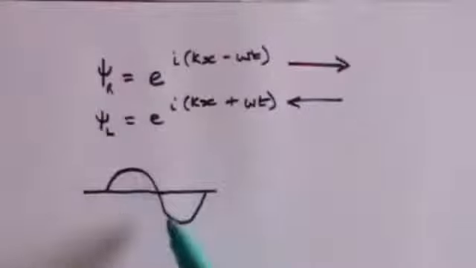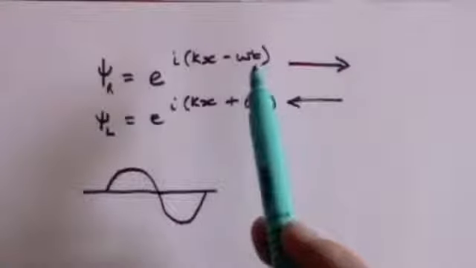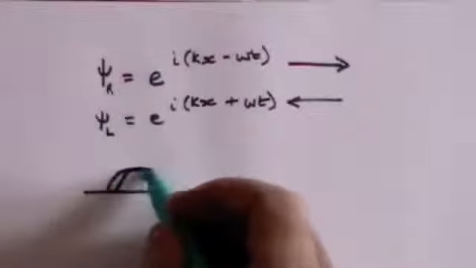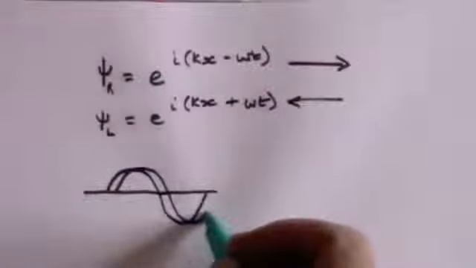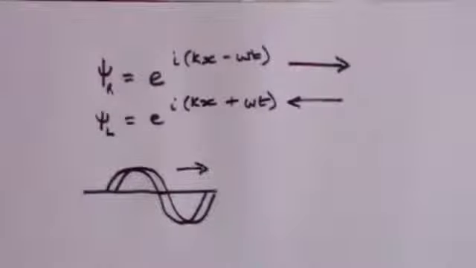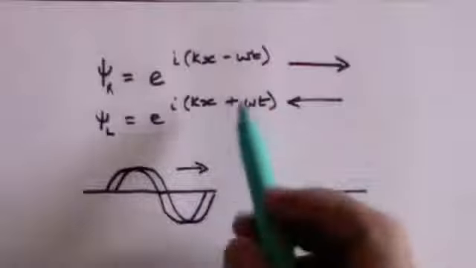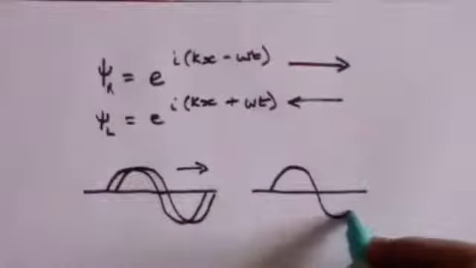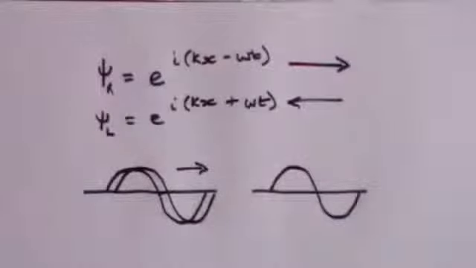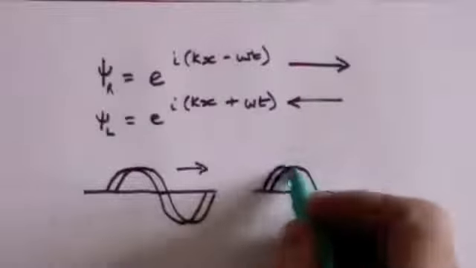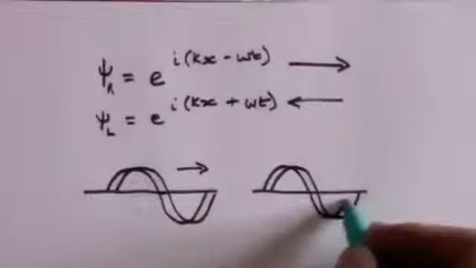If you were to plot that curve at t equals delta t later, you would find that the wave has moved to the right. So essentially that wave moved to the right in a small time delta t. Whereas if you take this wave psi left and you plot it at time t equals 0, and then you go delta t later, you'll find that that wave will now be slightly to the left.